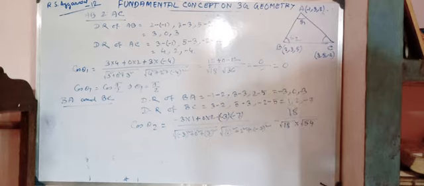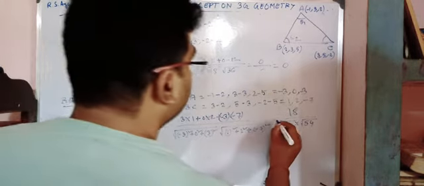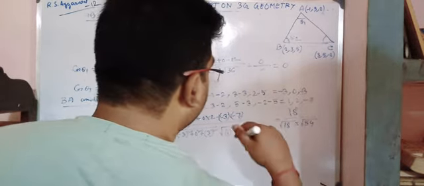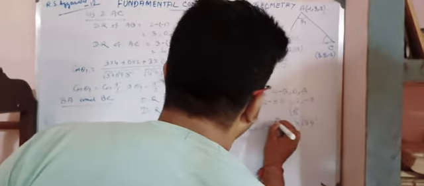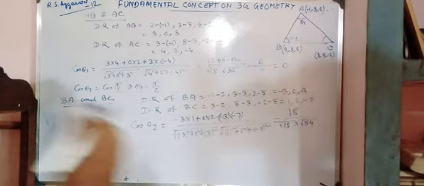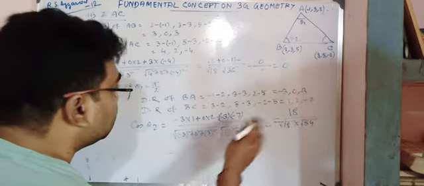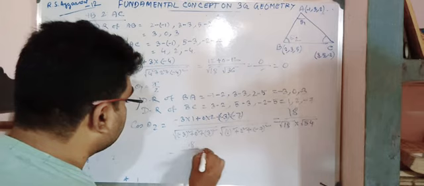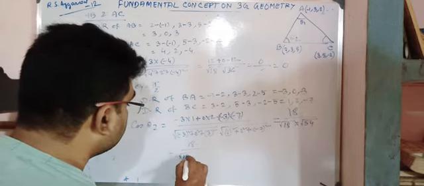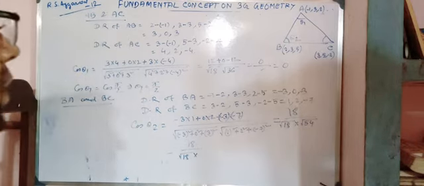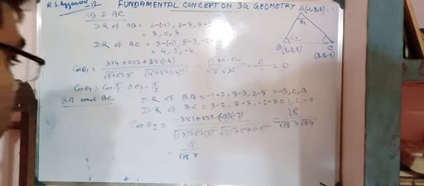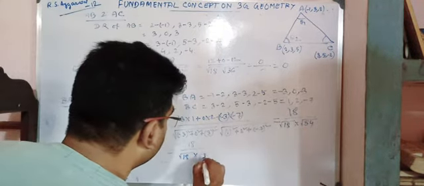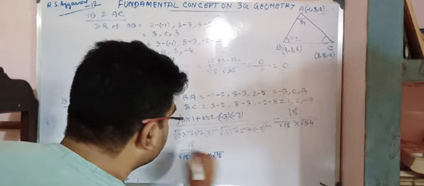Now if we calculate that, the numerator is equal to 18, and the denominator is root 18 into root 54, which means root 3 into root 18.